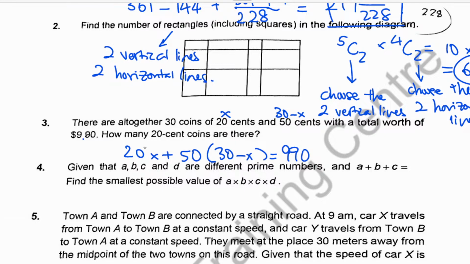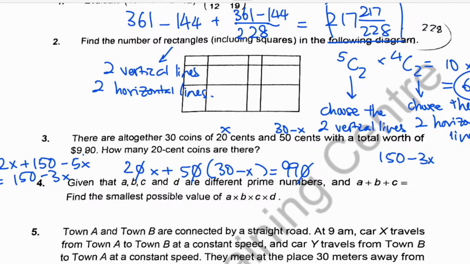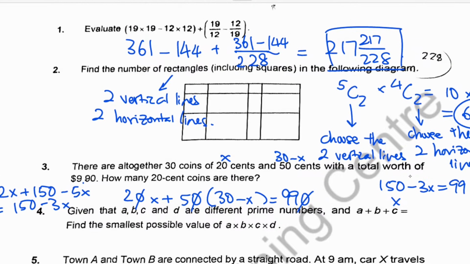Divide both sides by 10, and the left will be 2x plus 150 minus 5x, which is 150 minus 3x, equal to 99. So 150 minus 3x is 99. Therefore, x is equal to 51. No, 3x is 51, so x is equal to 17. That will be the answer for question 3.